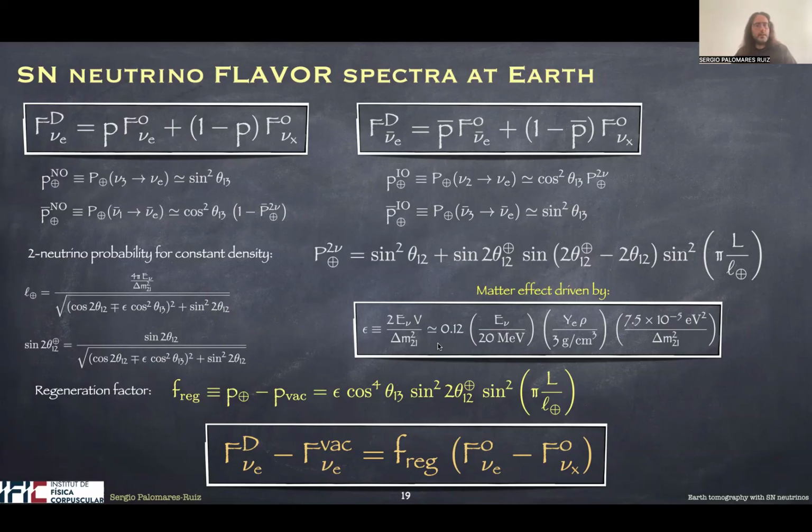One can define this regeneration factor in the same fashion I've done for solar neutrinos when studying the day-night asymmetry, which is just the difference of probabilities of neutrinos going through the Earth with respect to those in vacuum. And finally, the important quantity is the difference between the fluxes before going through the Earth and the fluxes of neutrinos going through the Earth.